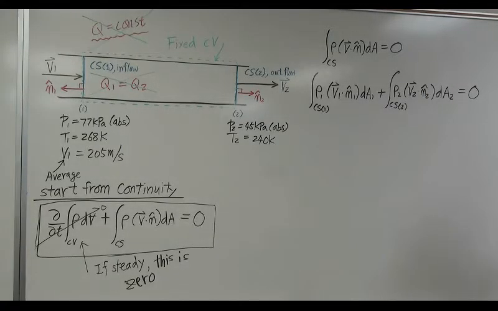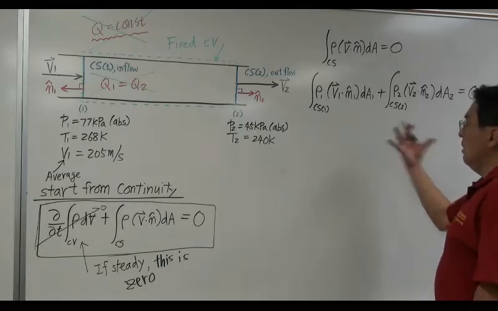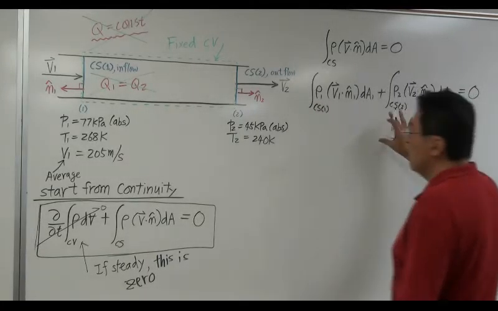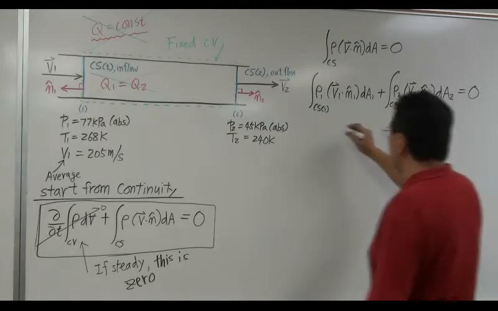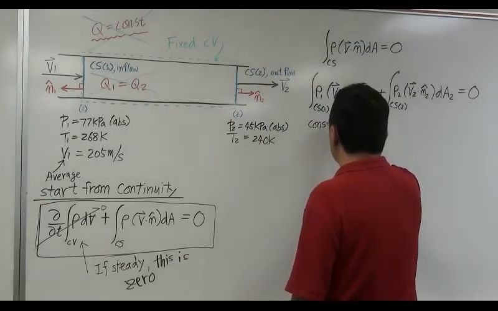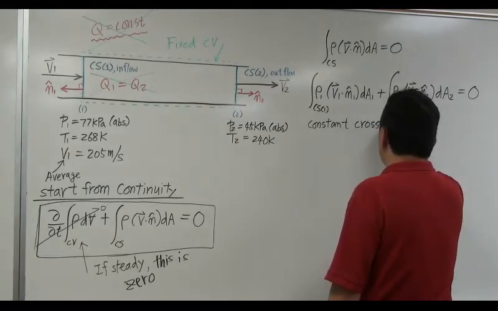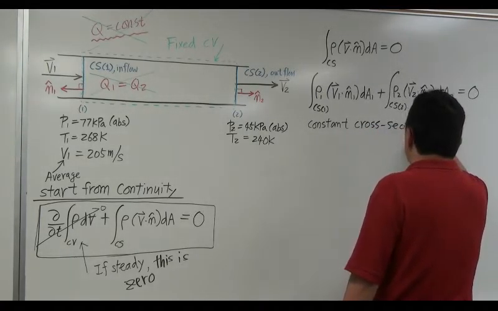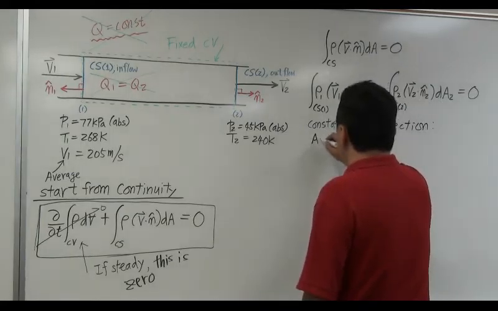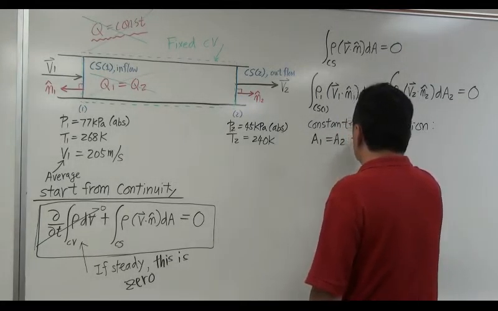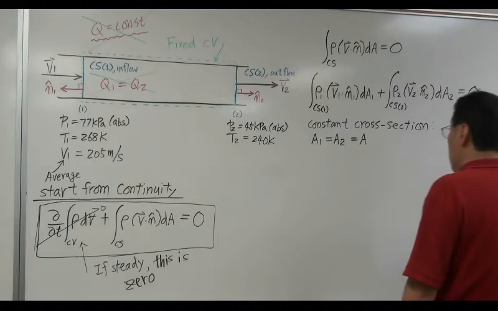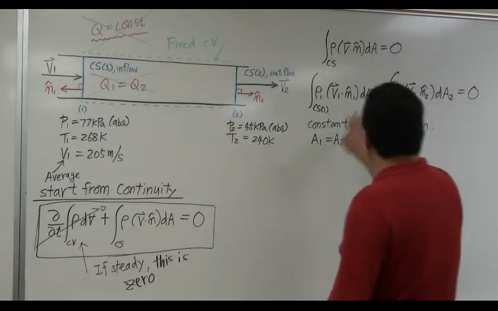Now one thing I know, this is a straight pipe, a constant cross-section pipe. This means that cross-section area A1 is equal to A2. Let's call that A. So let me rewrite this equation.